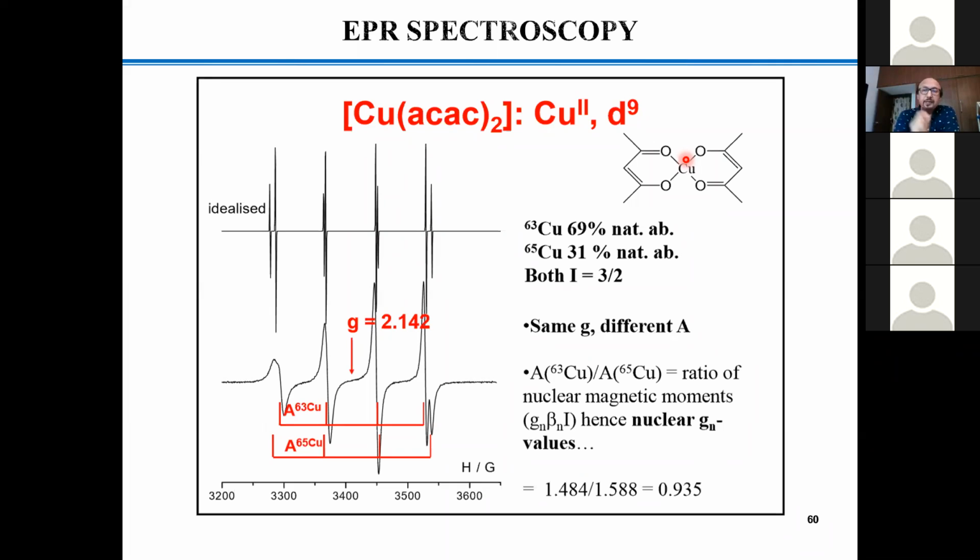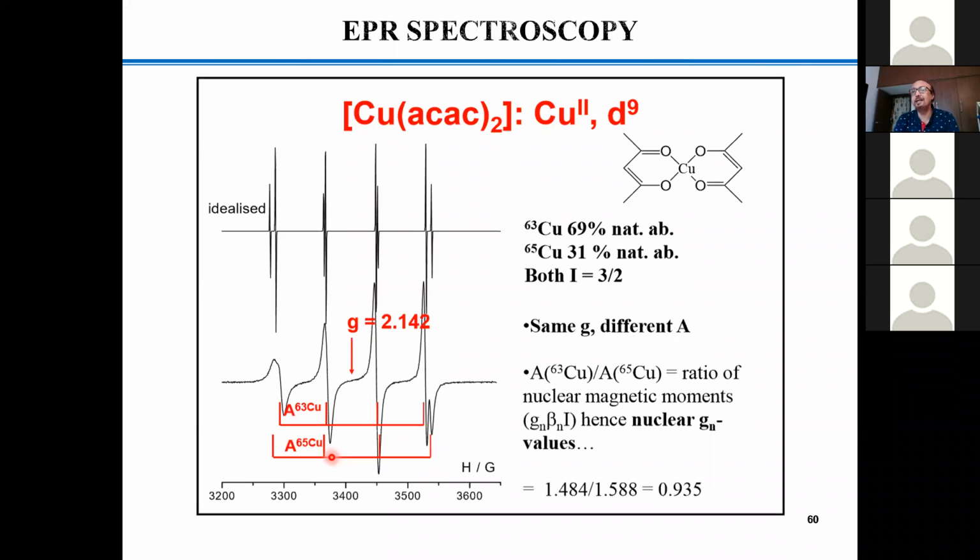Yes, remember, the ESR line width is very important to distinguish between metal and ligand. For example, line width means the difference in magnetic field between the two peaks. So you can extend one line along this maximum, and another line along this maximum, and then the difference between the two maxima, that is your line width.